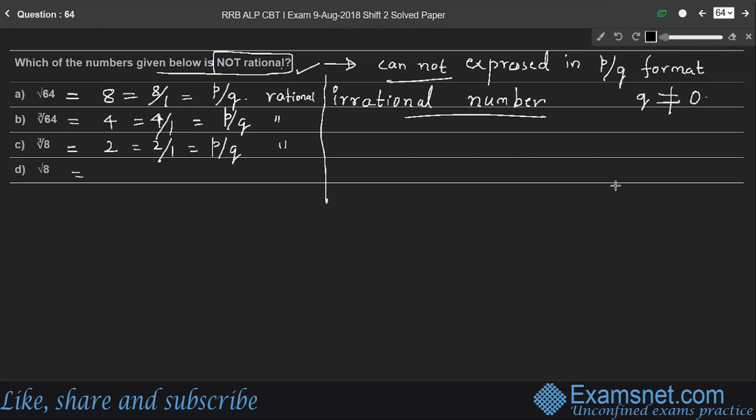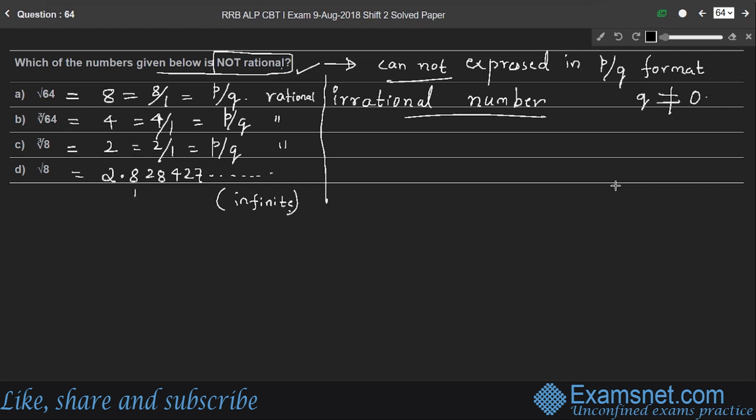Whereas square root of 8, it is not completely a square number. 8 is not a square number, so its root is 2.828427 and it continues infinitely, non-recurring and infinite.